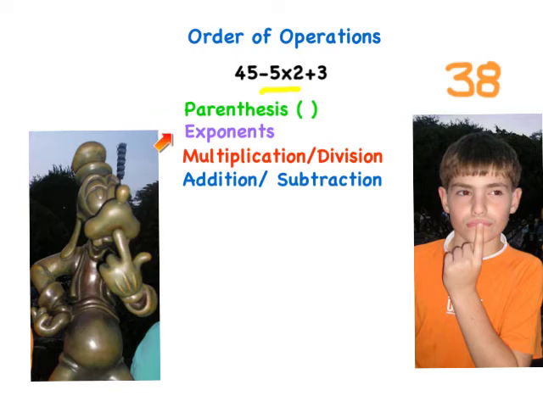Then we'll look to see if there are any exponents to simplify. Third, we're going to look for any multiplication or division, and if there's both, do them in order from left to right. And last, we have addition/subtraction. Again, if there's both in the problem, do them in order from left to right.